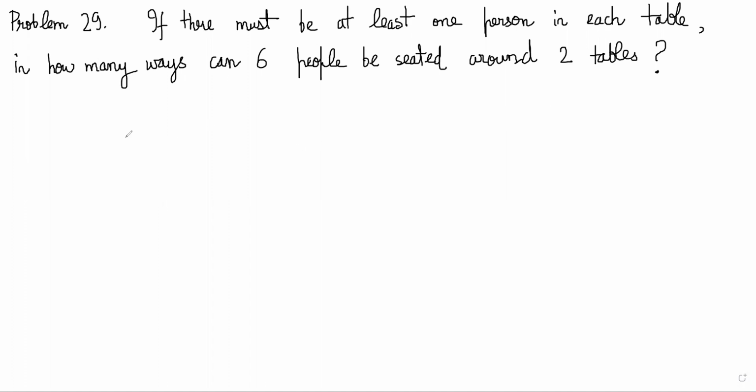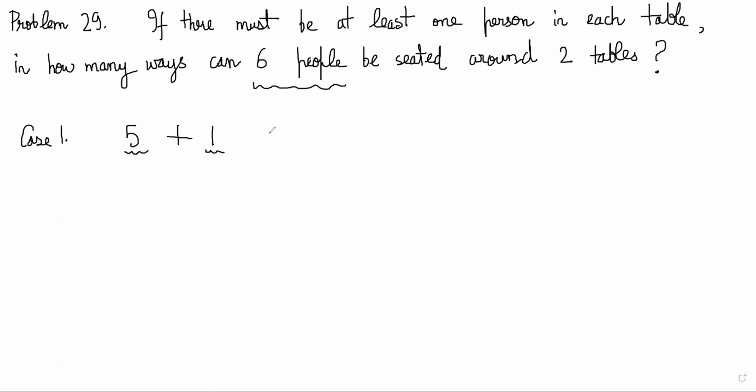The way we do it is we group the six people into different groups of how many people go on one table and how many go on the other table. Case one: if there are two tables, we can group them as 5 and 1. So 5 people go on one table and one person goes on the other, because no table can be empty.